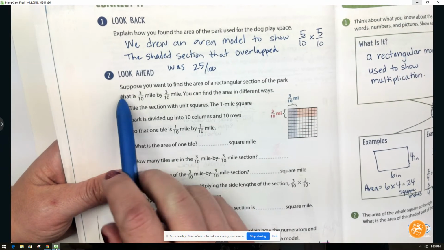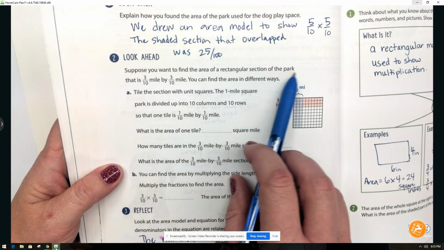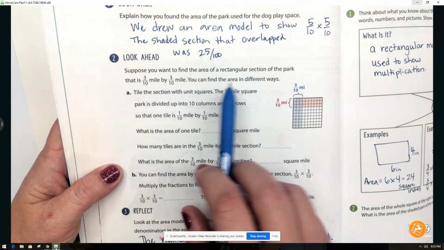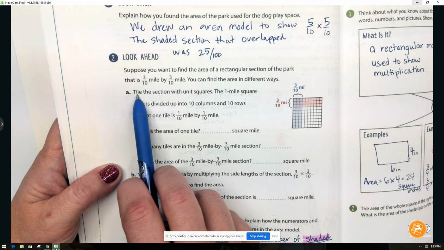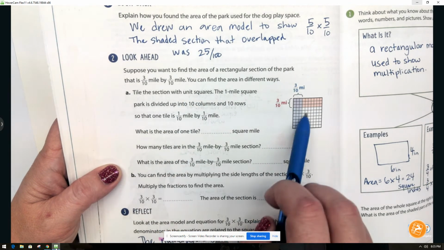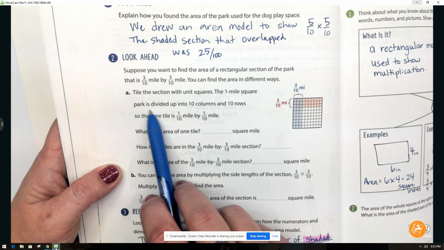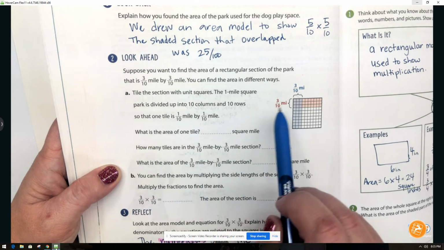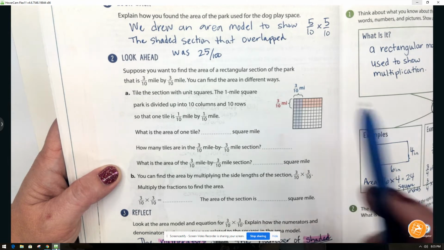Okay, now looking ahead, suppose you want to find the area of a rectangular section of the park that is 3/10 of a mile by 3/10 of a mile. You can find the area in different ways. You can tile the section with unit squares, which we see here. The 1 mile square park is divided up into 10 columns and 10 rows, so that one of these tiles is 1/10 of a mile times 1/10 of a mile.